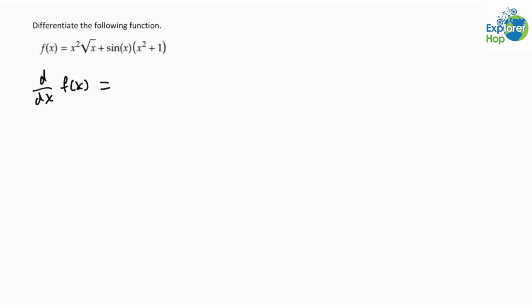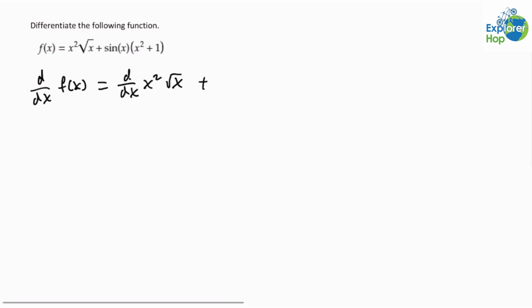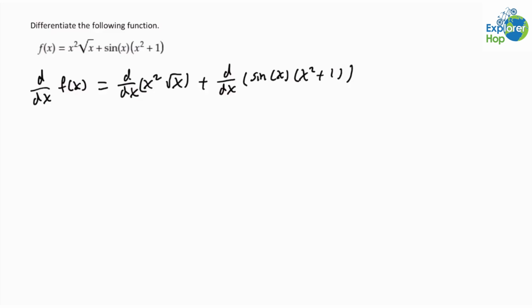So that's the derivative of x squared times root x plus the derivative of sine x times x squared plus 1. Now we're going to apply the product rule to find the derivative of each term.